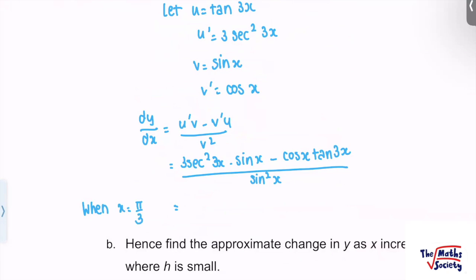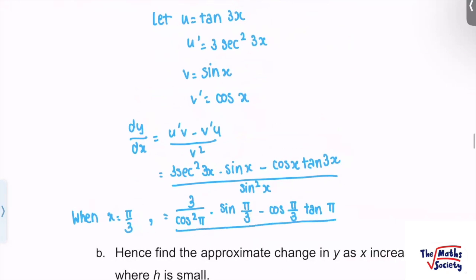So that's going to be 3 by cos squared pi, you multiply with sin pi by 3, minus cos pi by 3 tan pi, divided by sin squared pi by 3.